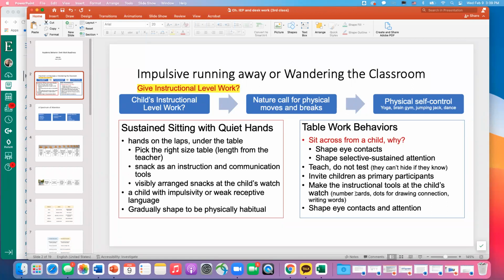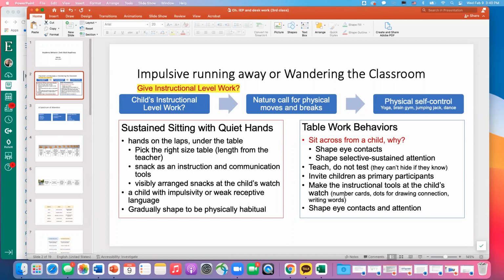Many teachers, without thinking, believe it's teaching, but they test the child. Especially special education children get so used to failing. So don't test, because children know it.